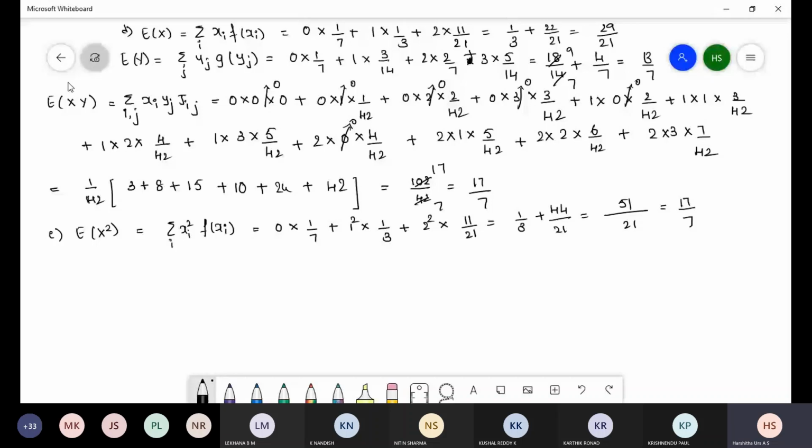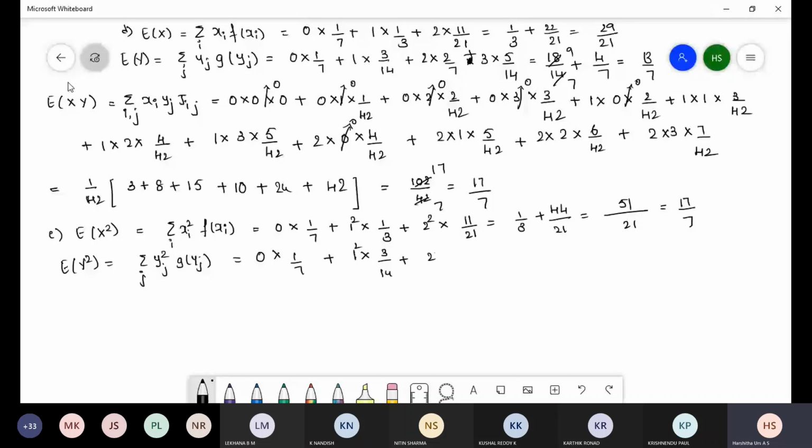Next, E of y square, sum of yj square g of yj. See the marginal distribution of y. There we have to square the yj value and then multiply with the g of yj. 0 into 1 by 7 plus 1 square into 3 by 14 plus 2 square into 2 by 7 plus 3 square into 5 by 14.